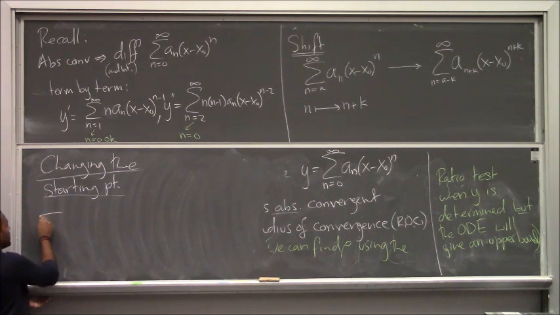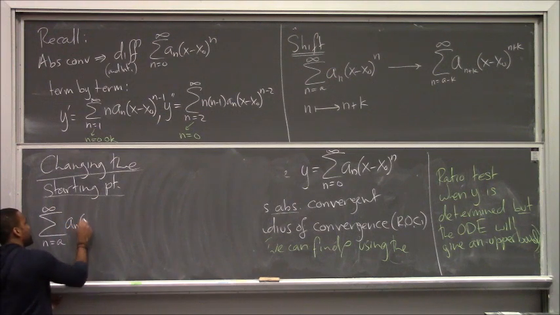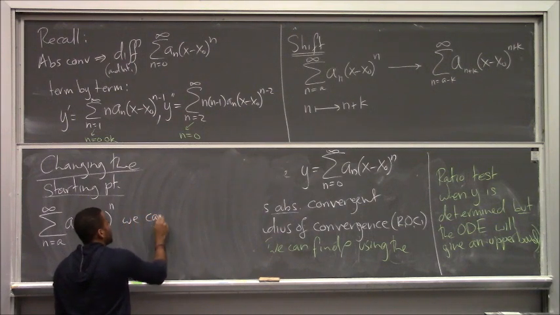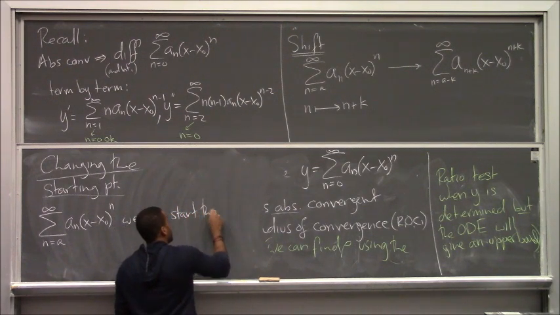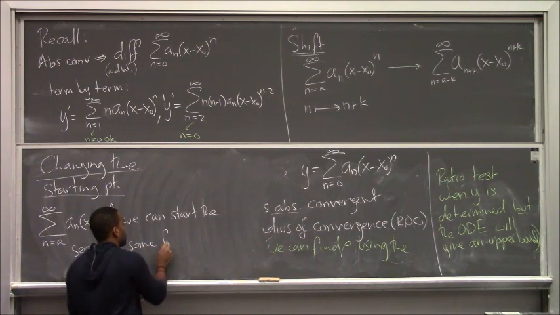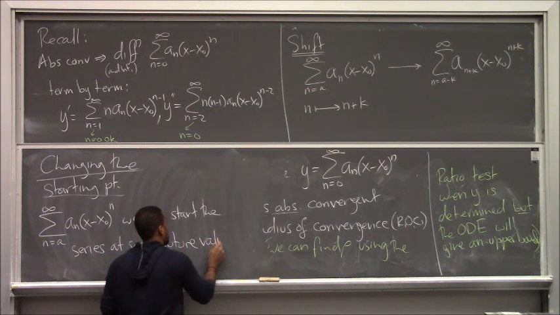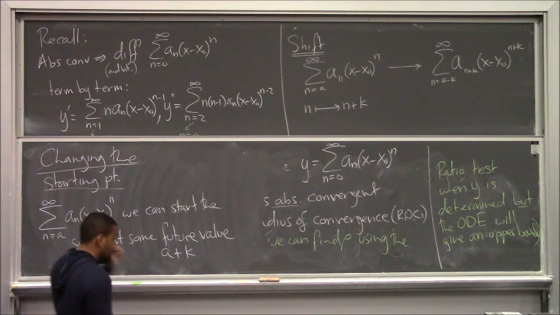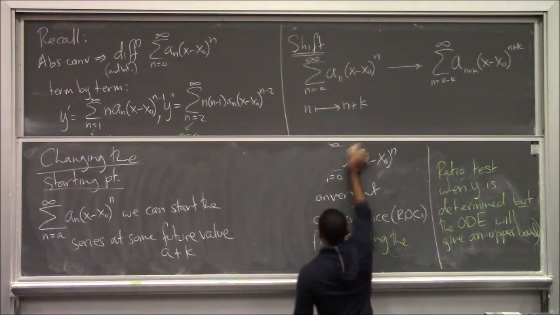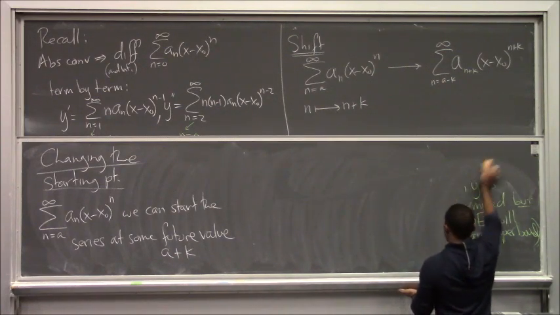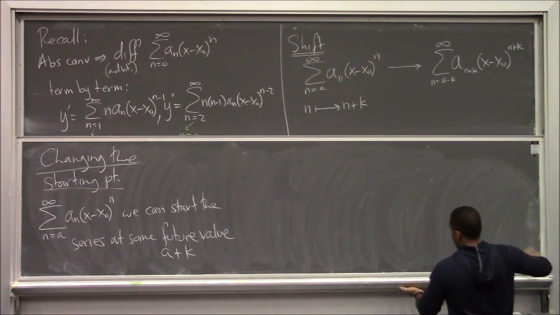So if I have a series where n starts at some value, we can start the series at some future value. Say a plus some integer, right? So I don't want to start at a, I want to start at something further down the line. That is definitely doable. All I have to do is evaluate all the terms before that point.